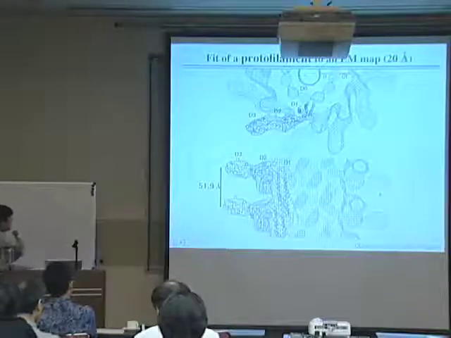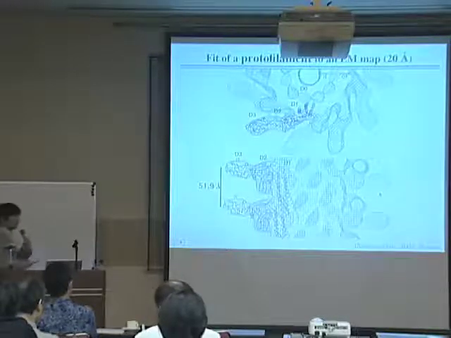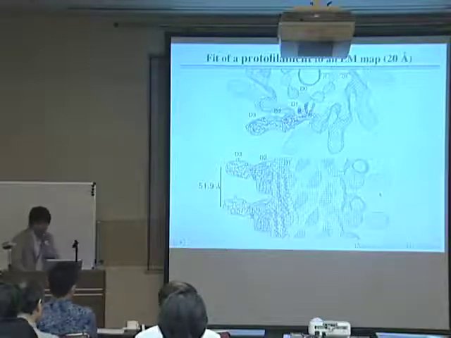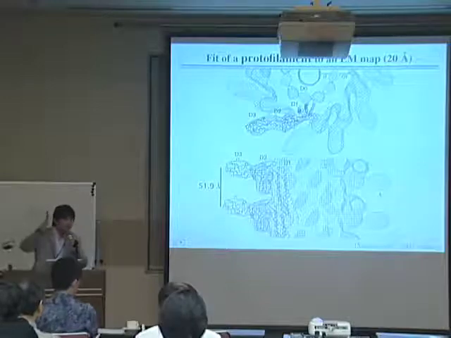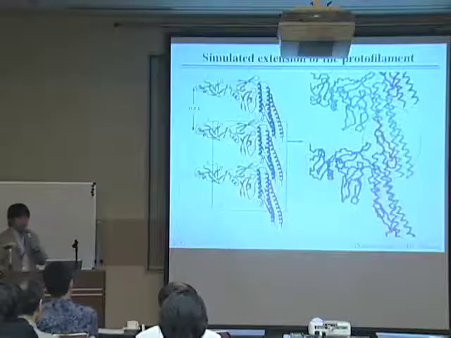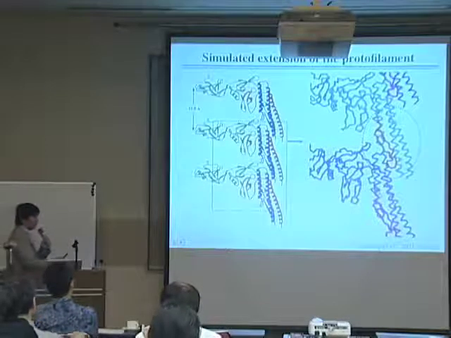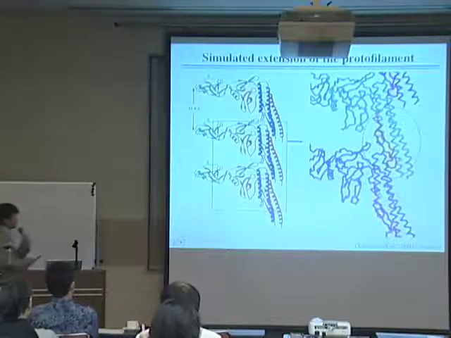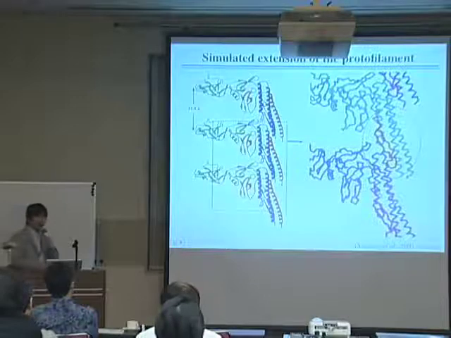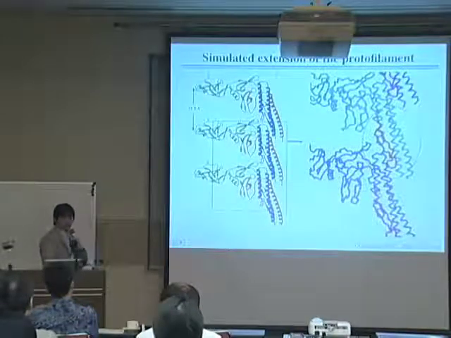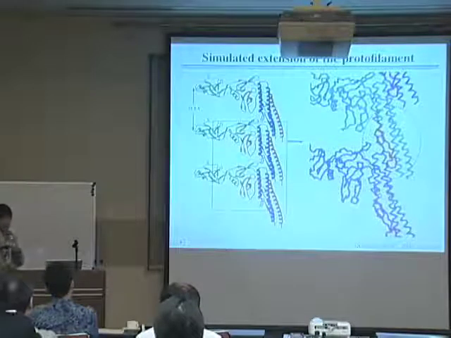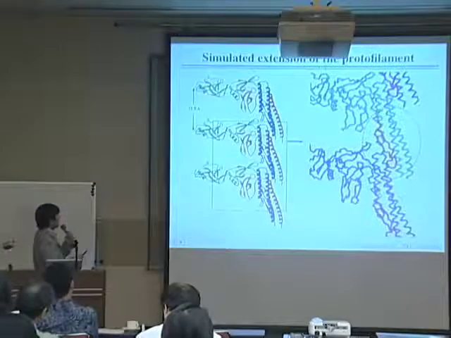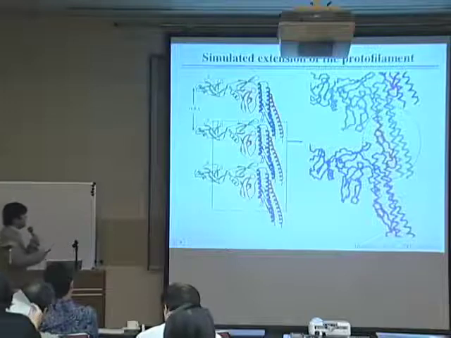And the repeat distance of this protofilament was 51.9 angstrom. This is exactly the same as the R-type, shorter type conformation protofilament. But we cannot make a crystal that has the longer type protofilament. Probably the longer type protofilament is not so stable, and the most stable one is the R-type.